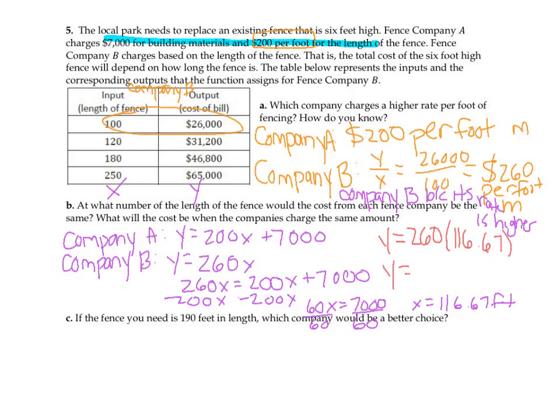We have to do 260 times 116.67, and we get $30,334. I'm rounding here. So our answers are 116.67 feet and $30,334.